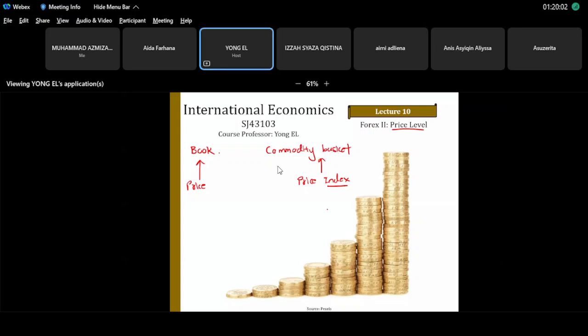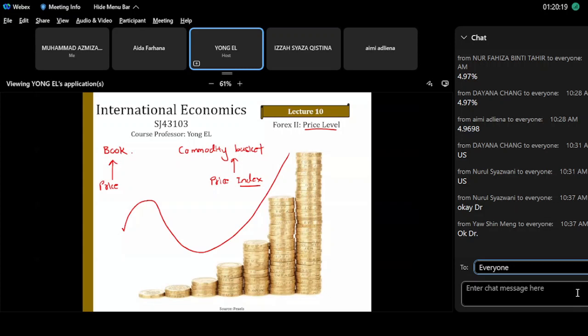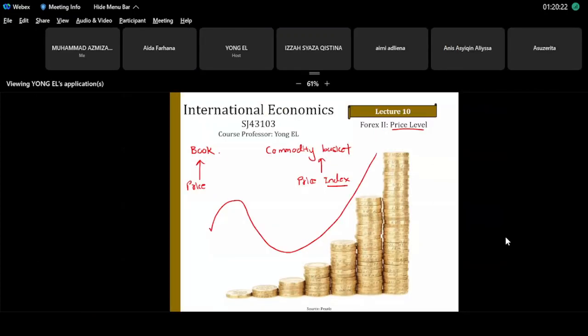Price level or price index can change. It can go up, it can go down. We want to understand what is the implication of these changes in the forex market, I mean, the foreign exchange market. If you think about what has happened not long after COVID, the pandemic, Malaysia, for example, experienced inflation.